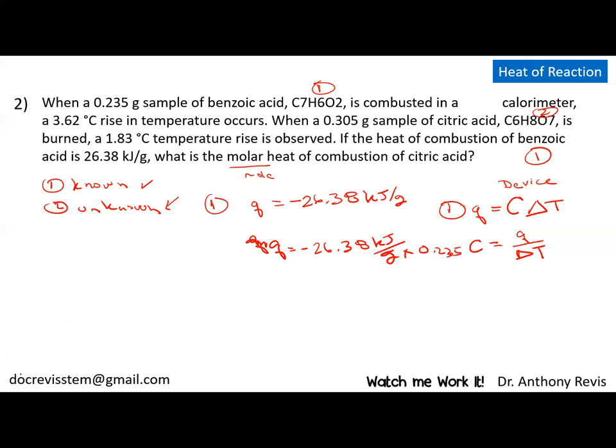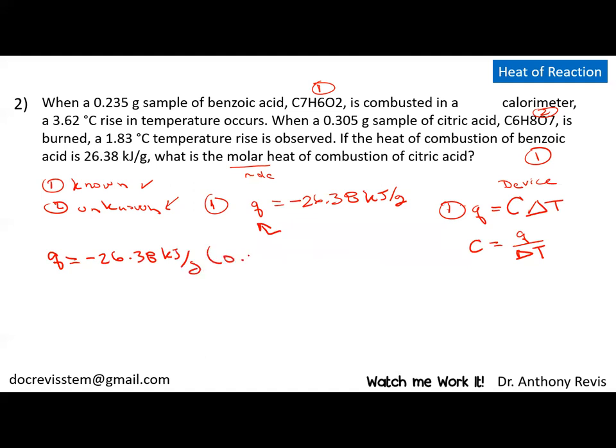I think I'm going to write that a little cleaner. Let me erase that and explain it to you one more time. There's a lot going on here. This is per gram, so the amount of heat in my process is the heat per gram times the grams.